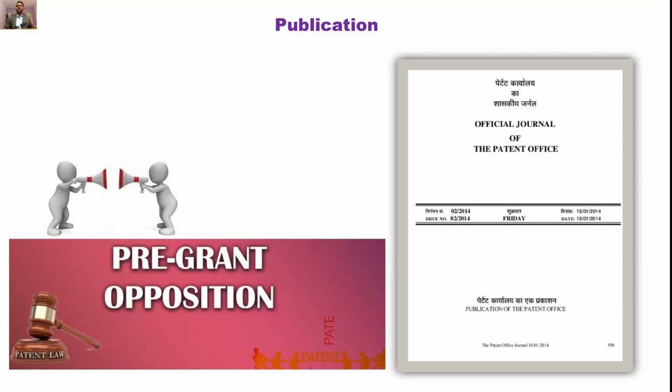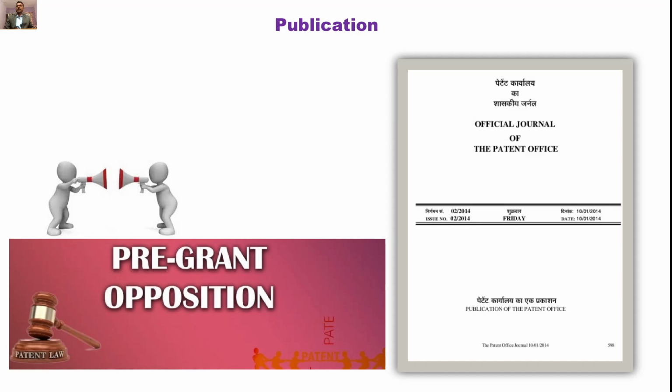And once this publication takes place in the official journal, from that very period, pre-grant opposition also starts, because any person who has any objection to that application, or thinks that this invention was actually carried out by somebody else, or has any kind of opposition, can file an opposition by filling the prescribed format, submitting suitable evidences, and paying the prescribed fees.